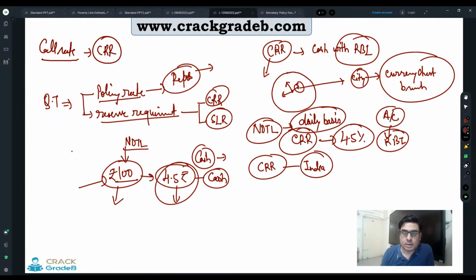So RBI very strictly pushes cash reserve requirements on its banks. Banks many times say that this is a little bit harsh.